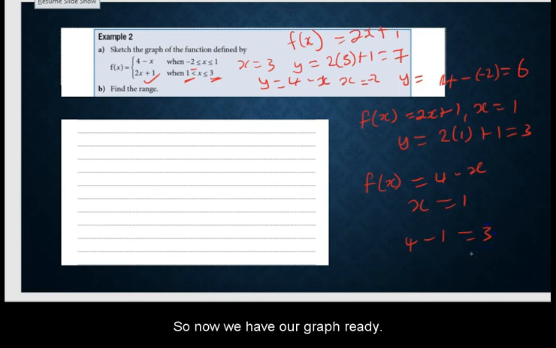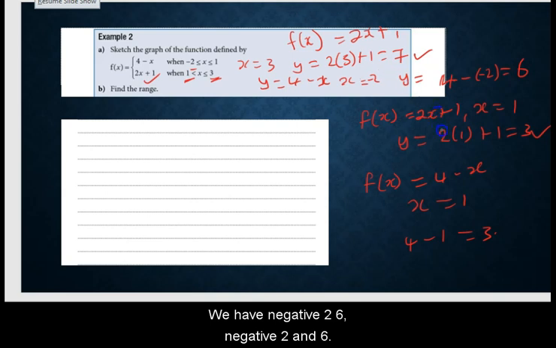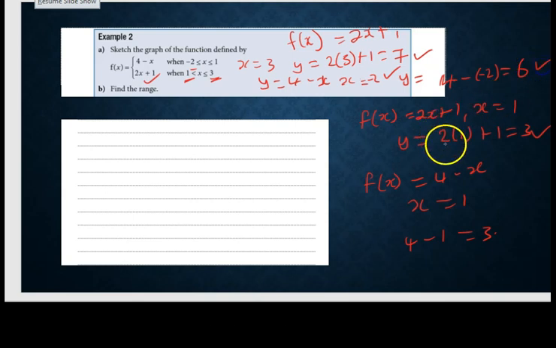So now we have our graph ready. We can have the coordinates 3, 7, and then we have negative 2, 6, and then we have 1 and 3.